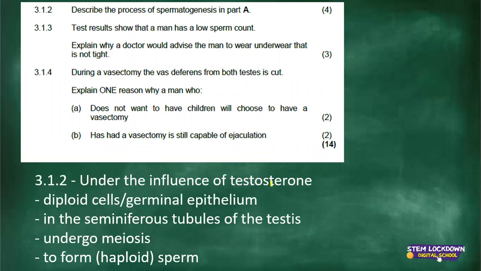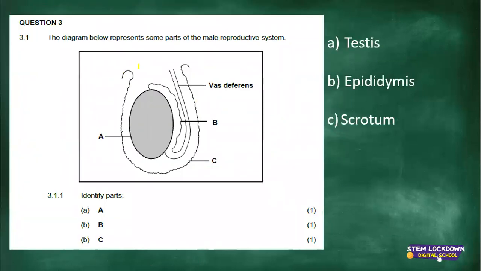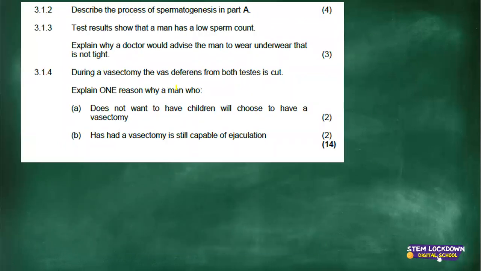3.1.4, during a vasectomy, the vas deferens from both testes is cut out. This is the vas deferens. You see that tube there. The vas deferens from both testes is cut out. Explain one reason why a man who A, does not want to have children will choose to have a vasectomy, or B, has had a vasectomy and is still capable of ejaculation.